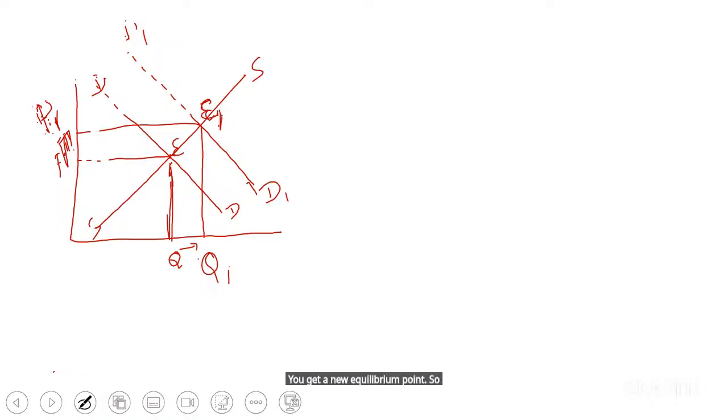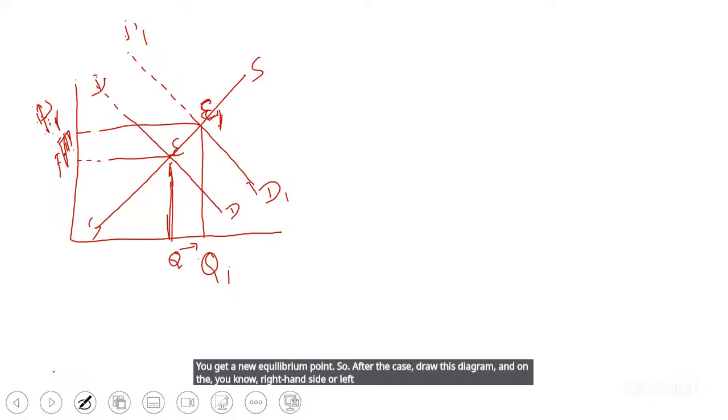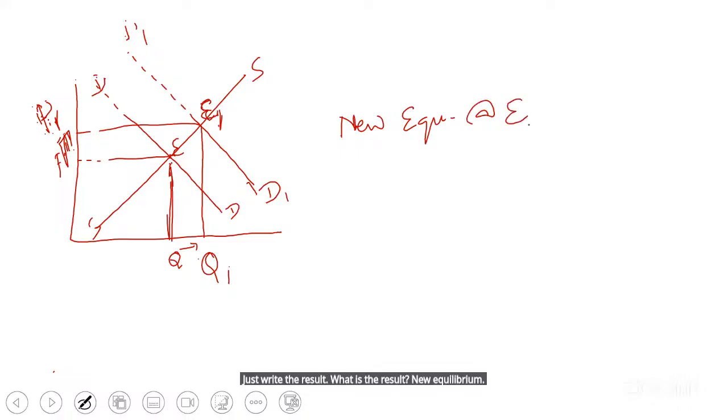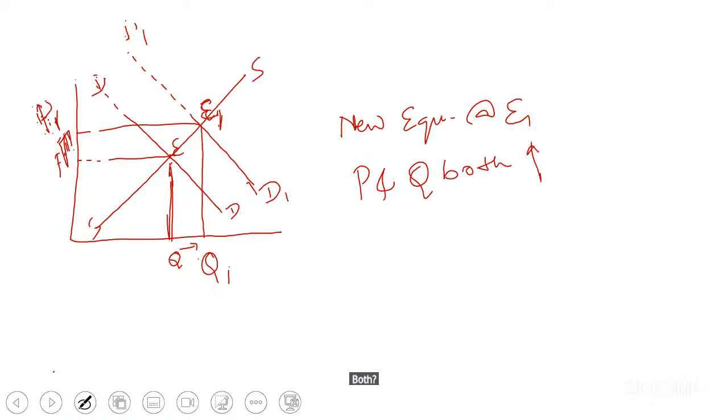So after the case, draw this diagram, and on the right hand side or left hand side, wherever you have drawn the diagram, just write the result. What is the result? New equilibrium at E1. Price and quantity both increase.